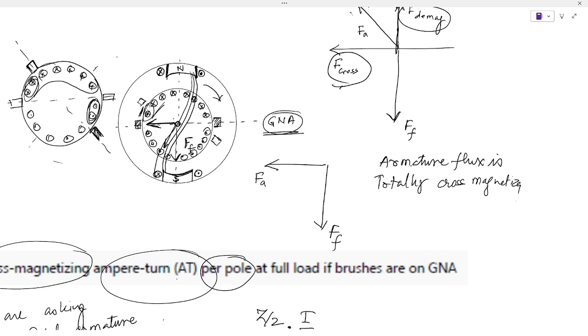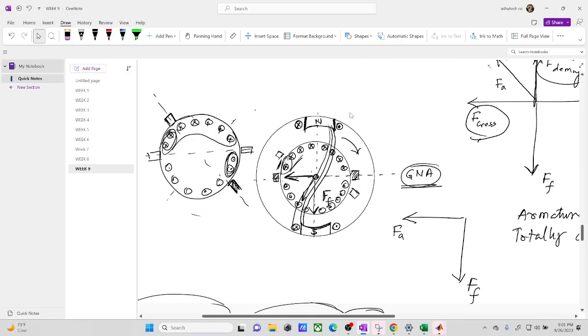We cancel the effect of armature reaction using compensating and interpole windings. क्योंकि by brush shifting you are actually decreasing the amount of field flux, and that will change upon the direction of rotation, sorry, load, as well as whether machine is a motor or a generator. I hope I am able to clarify your doubt.